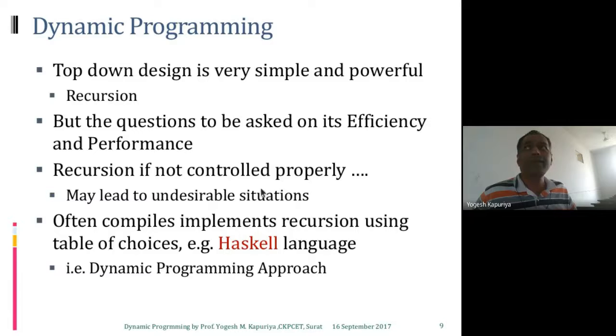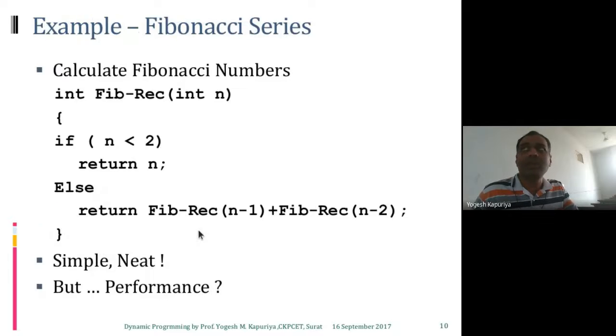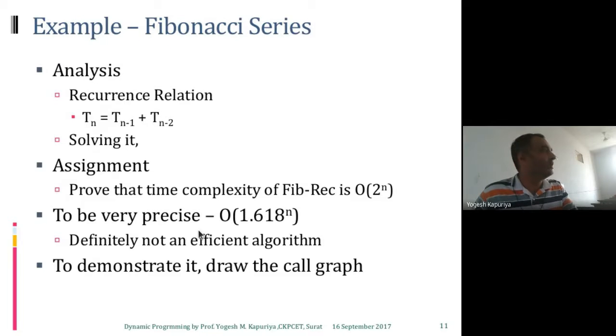So that's why often the compiler implements recursion using a table of choices. So almost every compiler nowadays uses another approach for solving the recursion. Again, we are not going into detail of it. But the point is that whenever you are going for the top-down approach, it is a costly operation.